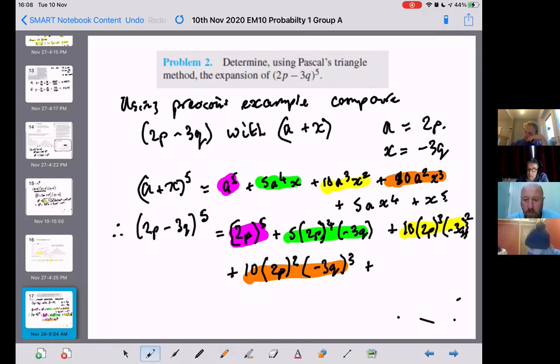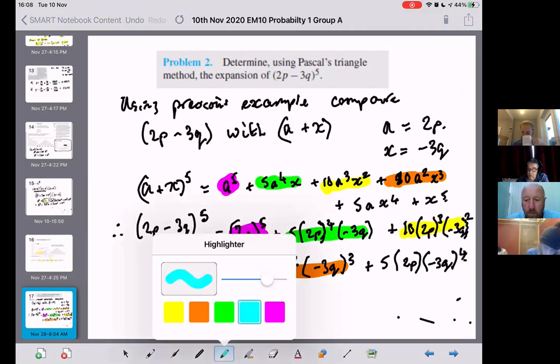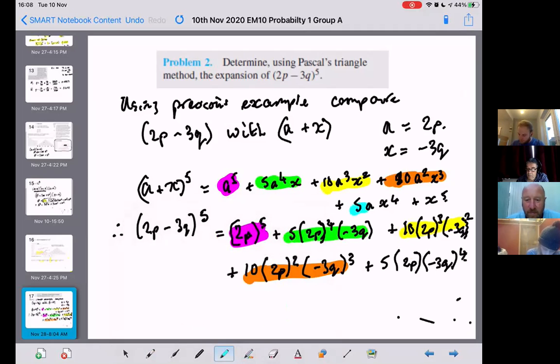And then we got this one here, so that's 5 times a, which is 2p, times minus 3q to the power of 4. Colouring that now. That's that one. And the last one I'll leave without any colours. That's plus x to the 5. So that's minus 3q to the power of 5.